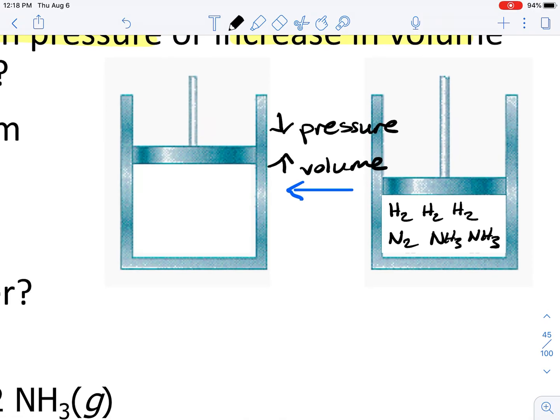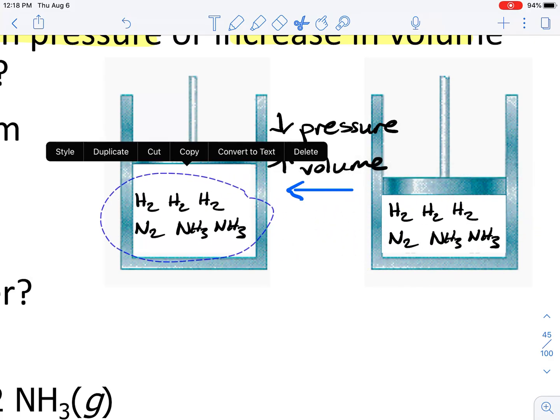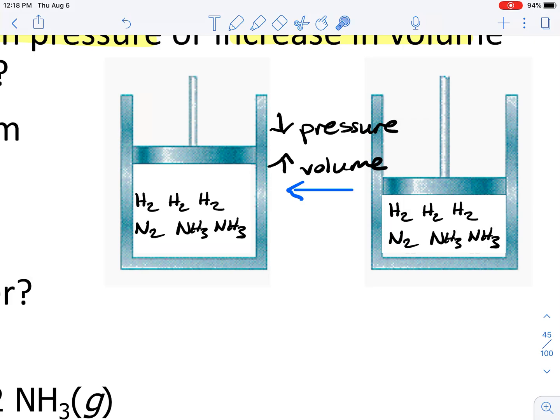And so if the equilibrium looks like this, and if we increase the volume by decreasing the pressure, allowing the piston to move up, what's going to happen is that these particles gain more room to move around.